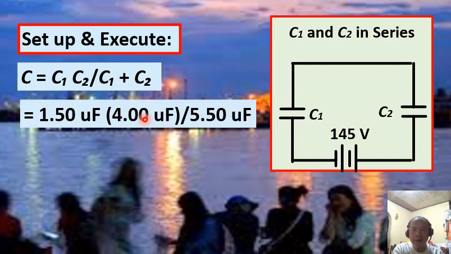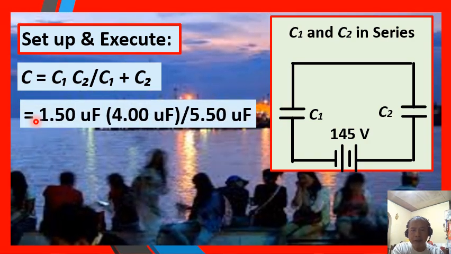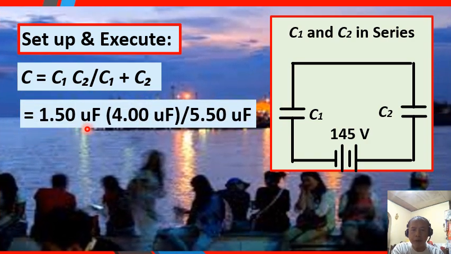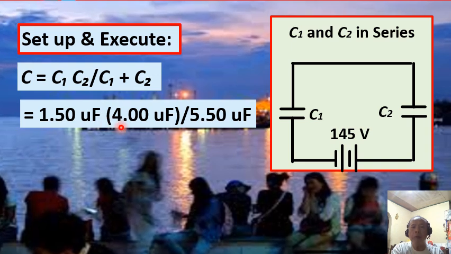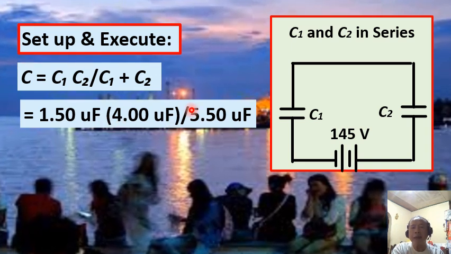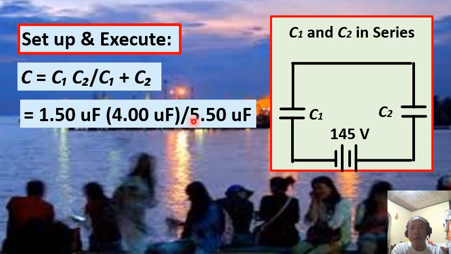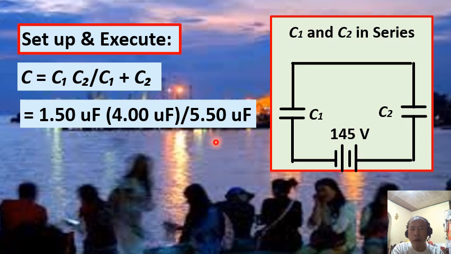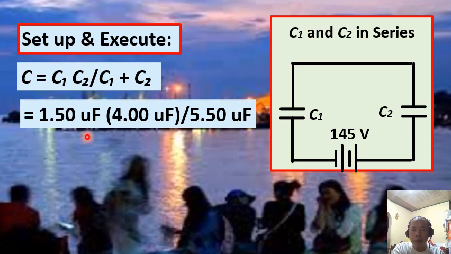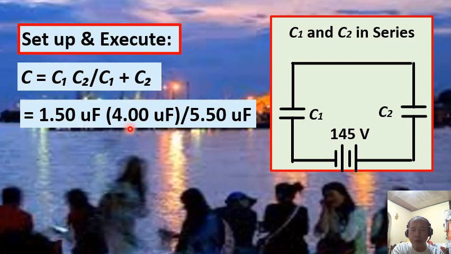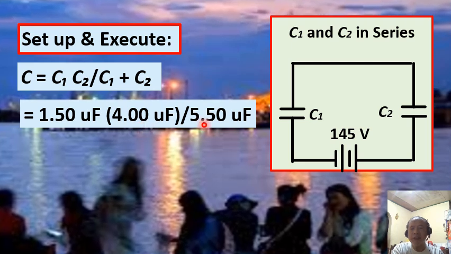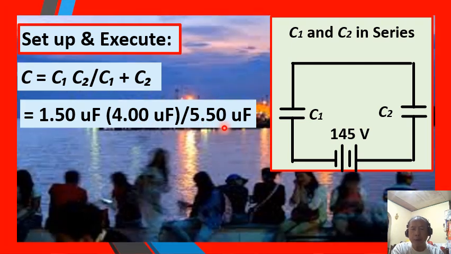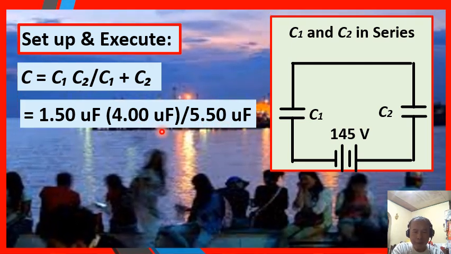That is, capital C is equal to 1.50 microfarad times 4.00 microfarad, divided by the sum of 1.50 microfarad and 4.00 microfarad, which is 5.50 microfarad.